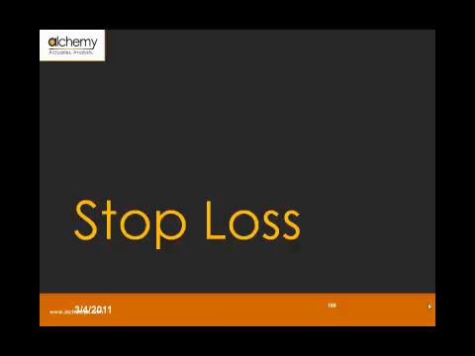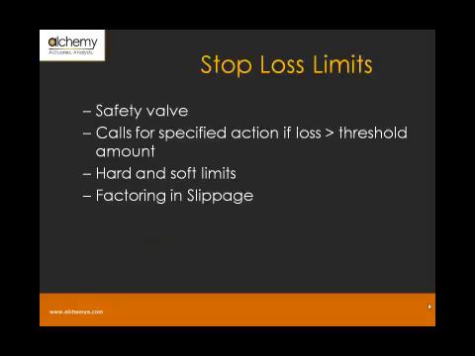We now move on to a transaction limit, which we call a stop loss limit. The rationale behind the stop loss limit is that it's a safety valve. It's there to ensure that a desk, a treasurer, or a trader does not lose beyond a certain amount when it comes to exposure.